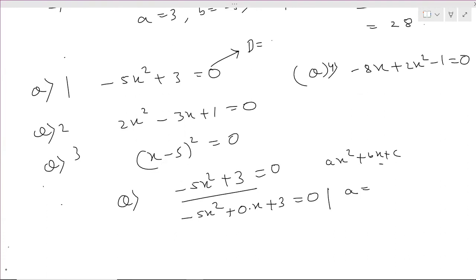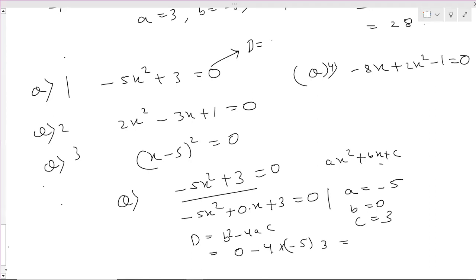Is it clear now? So A is minus 5, B is 0, and C is 3. So b square minus 4ac, this is discriminant. So b square is 0 minus 4 into a is minus 5 into c is 3. So 20 into 3, positive 60.